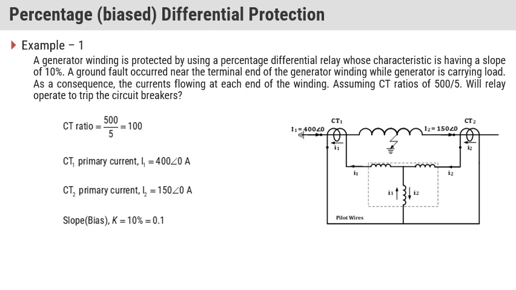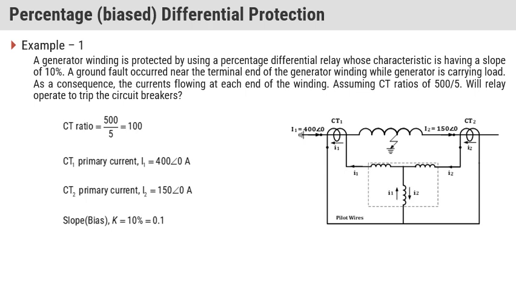First of all, we use the CT ratio and calculate the CT primary current. I1 is 400 at an angle of 0, and CT2 primary current is 150 at an angle of 0. So we have different currents, so definitely there is something wrong in the equipment.